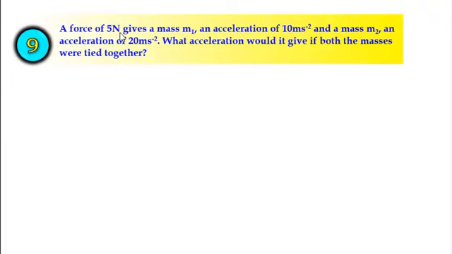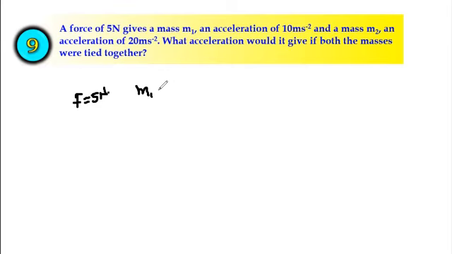A force of 5 newtons gives a mass m1 an acceleration of 10 meter per second square and a mass m2 an acceleration of 20 meter per second square. What acceleration would it give if both masses were tied together? It means initially the mass m1 is there, and a force F is applied, 5 newtons.